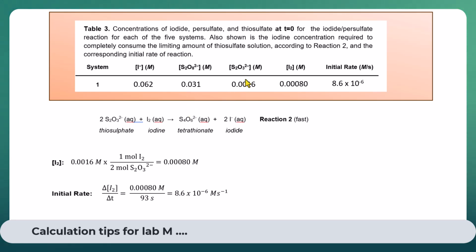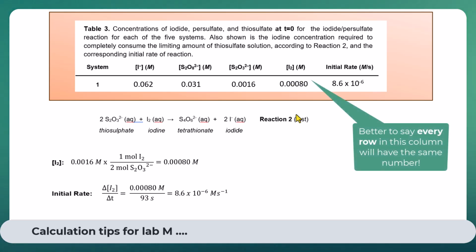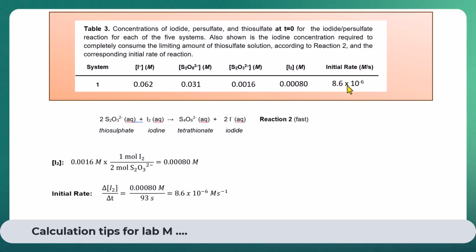Note that the thiosulfate concentration will be a constant for all of these experiments because we always put the same amount of thiosulfate. Therefore, the amount of iodine that's generated will also be the same. So every column will have the same number. Of course, the initial rates will be different because there will be different times by which this iodine is produced. Or at least we're going to expect that. You'll have to see what you actually end up with in the experiment.